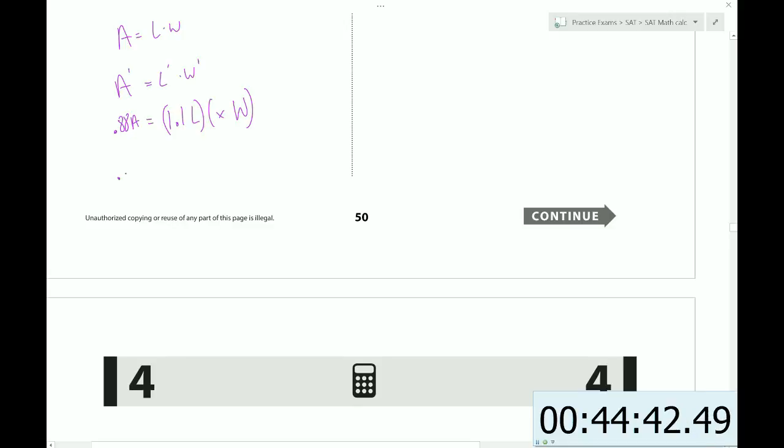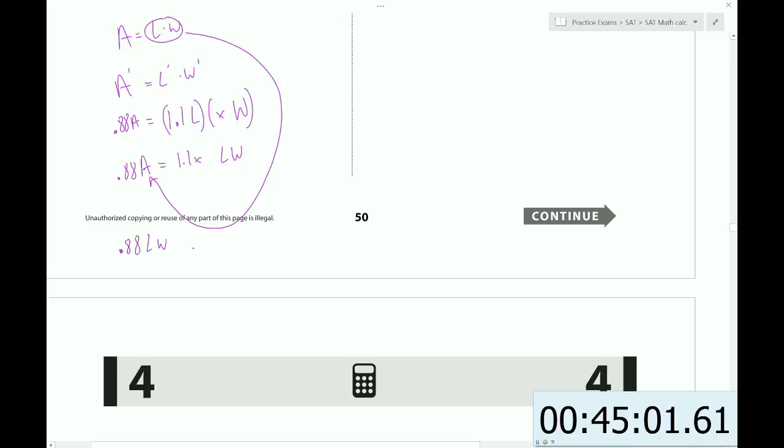All right, so now it's time to put everything together. So we get 0.88A equals 1.1x times LW. And we also know that A is equal to LW, so we could substitute that in here. So we get 0.88 LW is equal to 1.1x times LW.